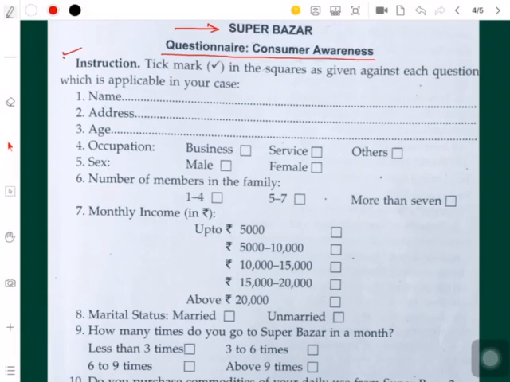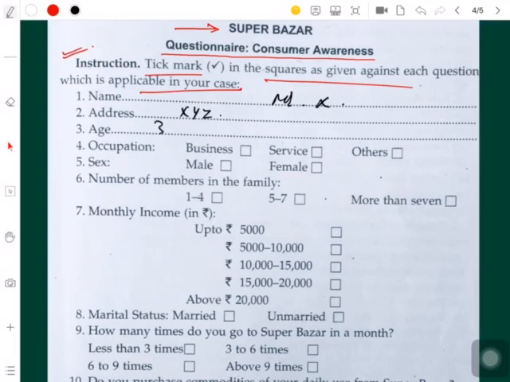Instructions are given first. I am asking you to tick mark the squares against each question which is applicable in your case. First I'll ask about the name. The person will fill in his or her name, Mr. or Mrs. XYZ. Then address. This is a demographic question again.